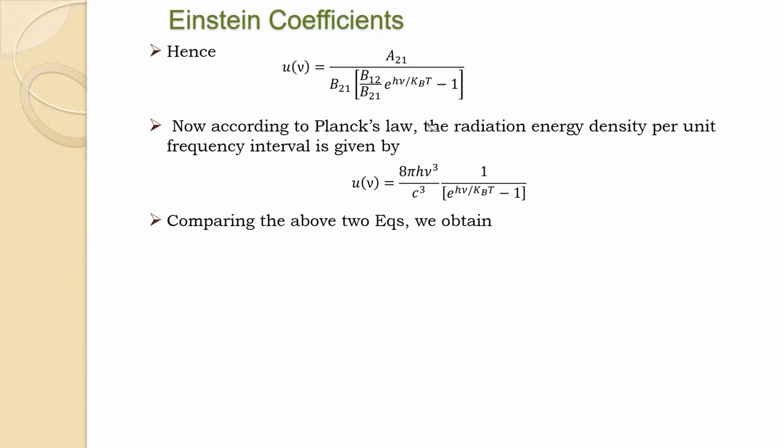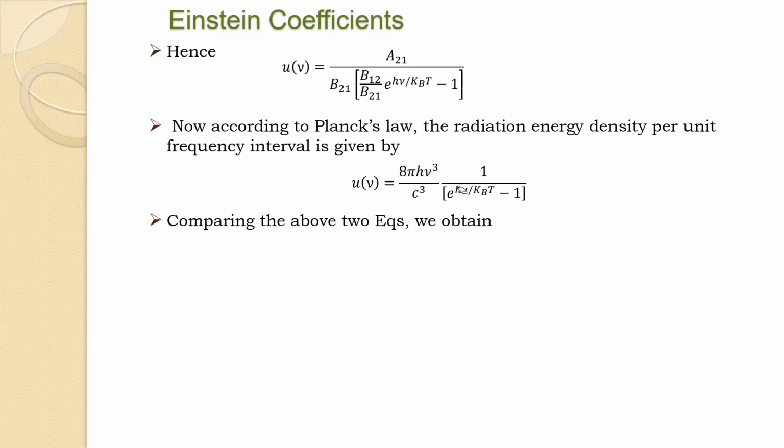In the bracketed term, we have only e raised to h nu divided by kbt minus 1. And here B12 divided by B21 into e raised to h nu divided by kbt minus 1. So first we can write B12 divided by B21 must be equal to 1.